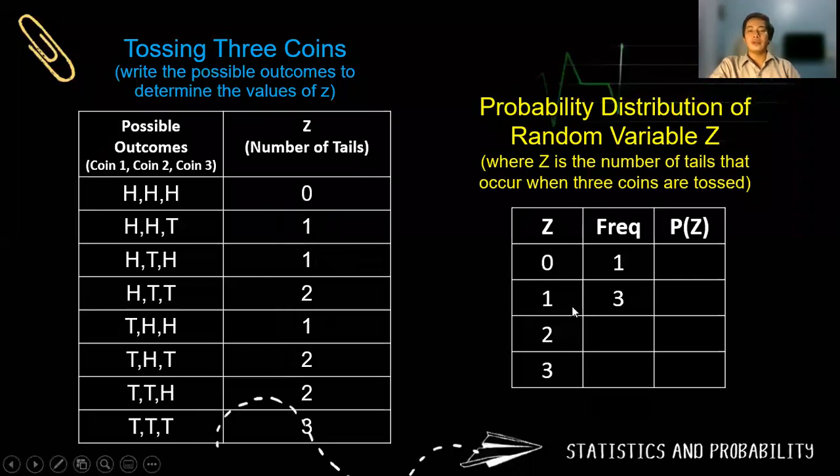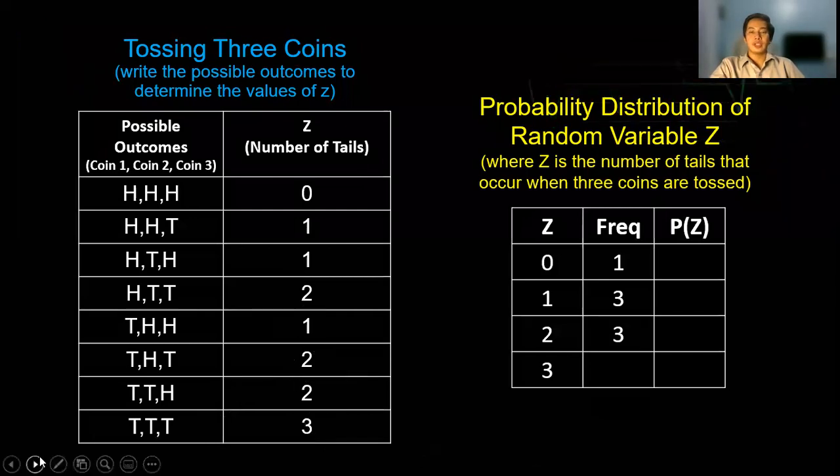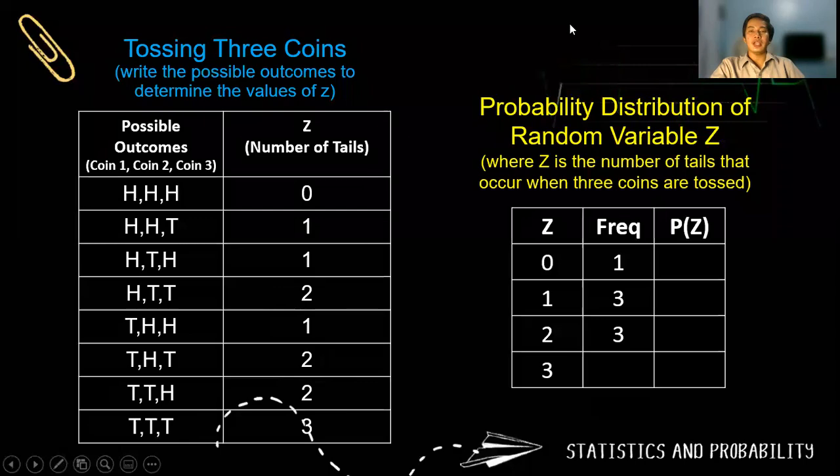Then for the random variable 2, we have 1, 2, 3. So you simply count. And then for 3 tails, it only appeared once. Okay, once. So the correct answer is 1.